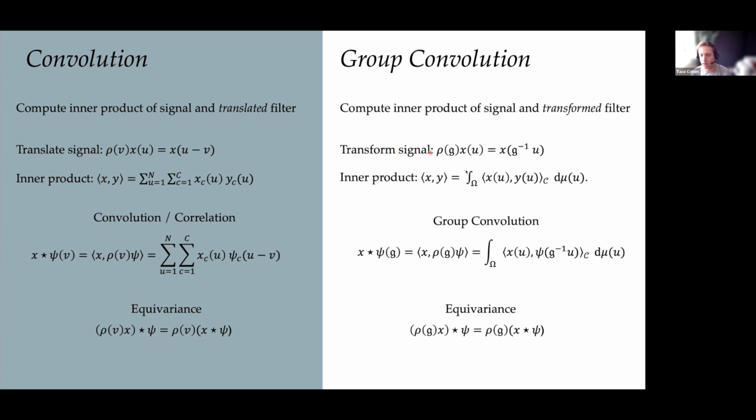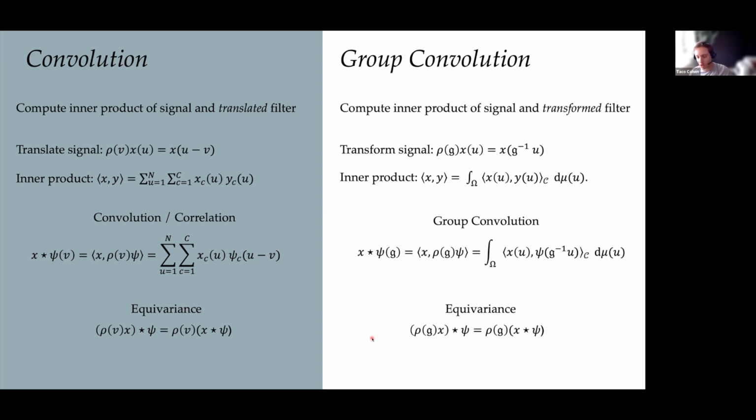So you could have X being a signal on the group, so now U is a group element, and then the transformation of a signal on the group is still given by this equation, where we now have G inverse U. That's now the composition operation in the group, and the rest of the setup still works. It's still equivariant, and indeed this setup specializes to the case I just explained for the roto-translation group in a more intuitive way.